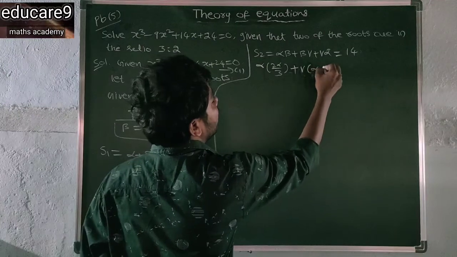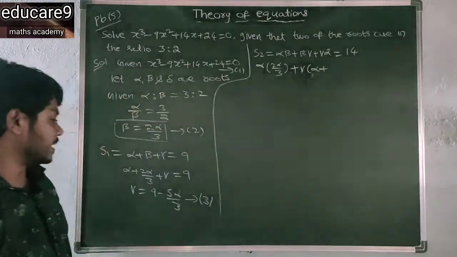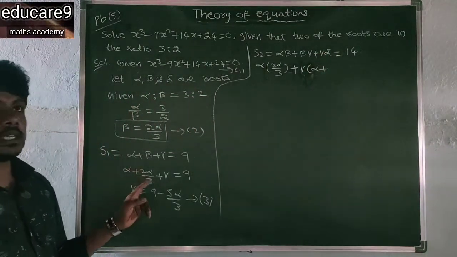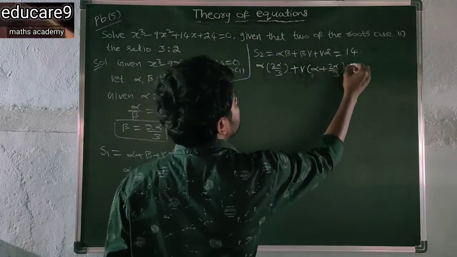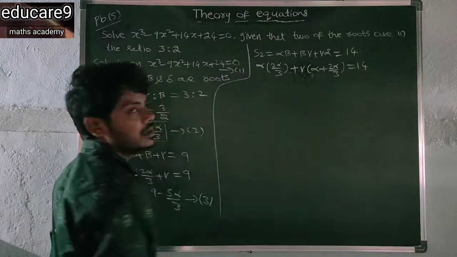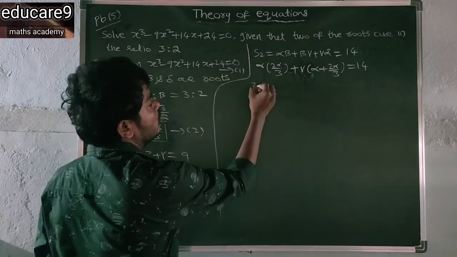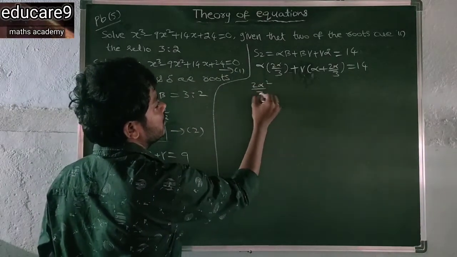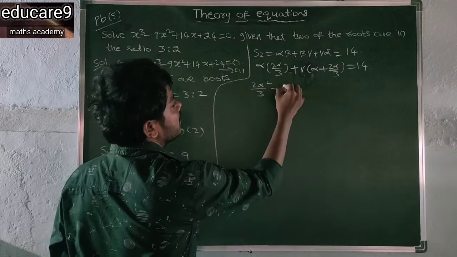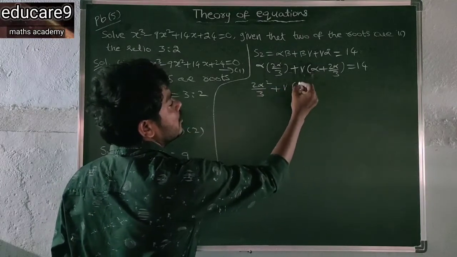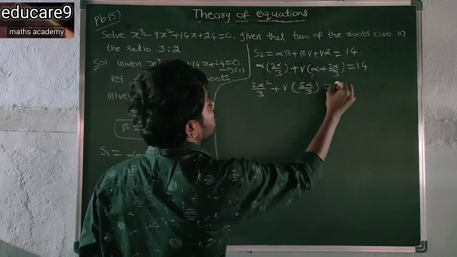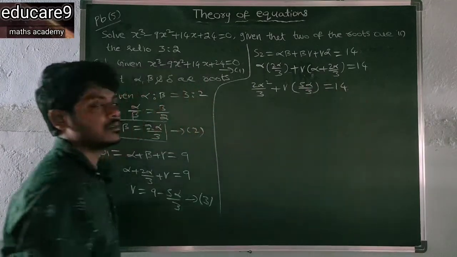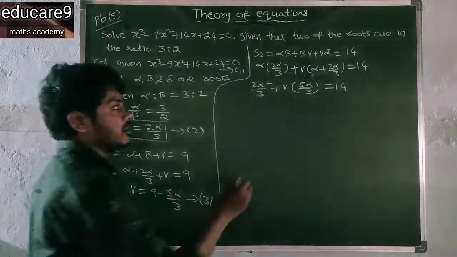You get alpha plus beta value. What is beta? 2 alpha by 3 is equals to 14. Now this is 2 alpha square by 3 plus gamma into this is 5 alpha by 3 is equals to 14. Okay.